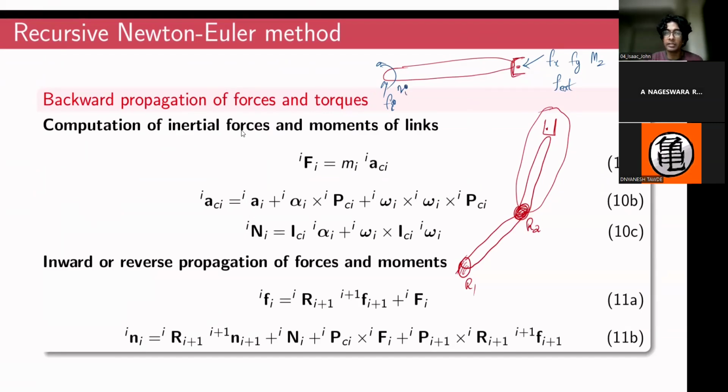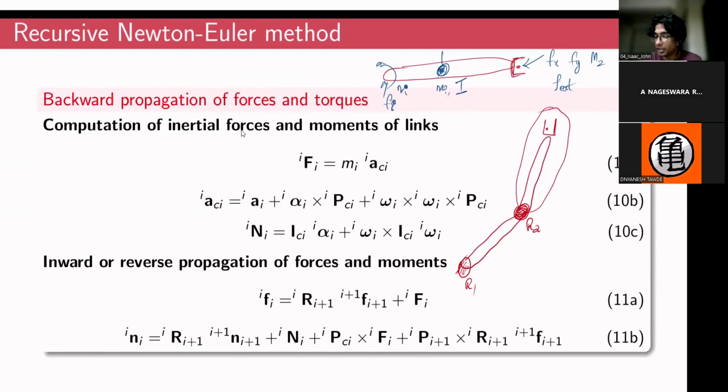And due to the fact that the link also has a mass, maybe I can characterize the mass of the link using the mass mi and maybe its moment of inertia, the tensor I.